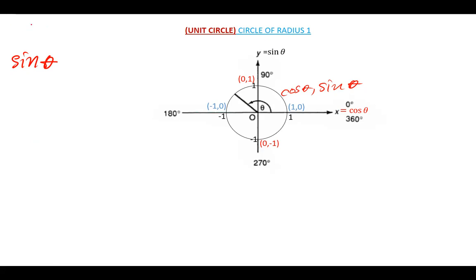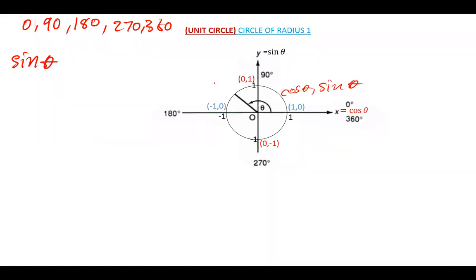If they ask you to find maybe sine or cos 0, sine or cos 90, sine or cos 180, sine or cos of 270, sine or cos of 360, this is what you use. If you can't master them, you just use this circle which I've written here.